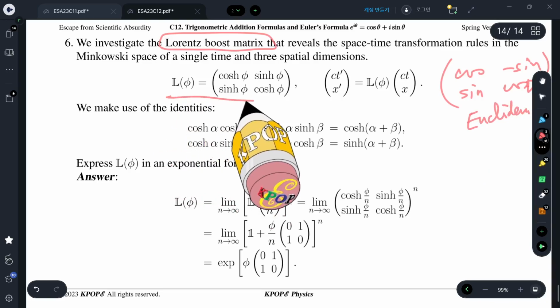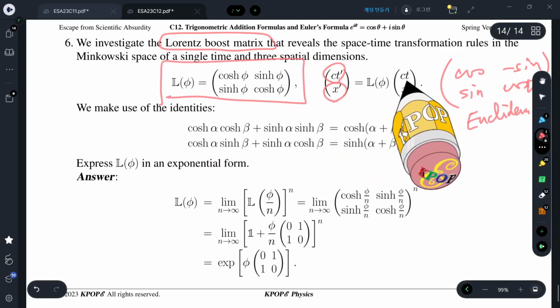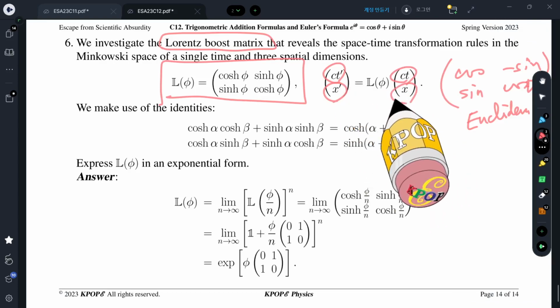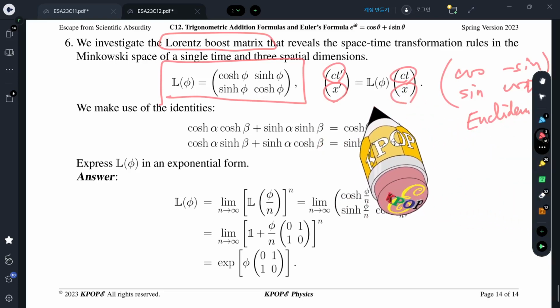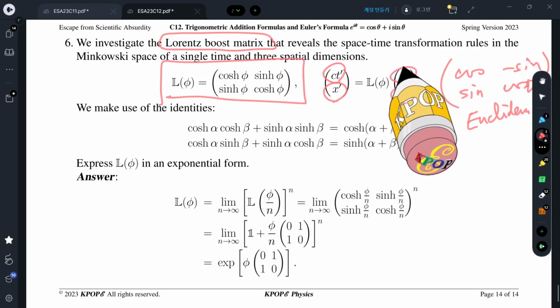However, we have a very special rotation for this transformation of time and space. So it is not Euclidean anymore. It is Minkowski space, in which we are living.